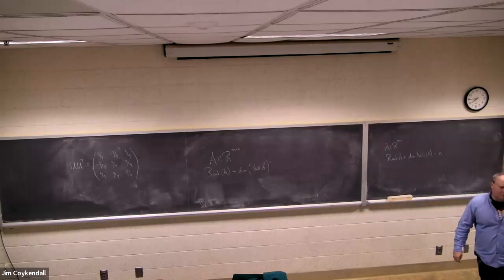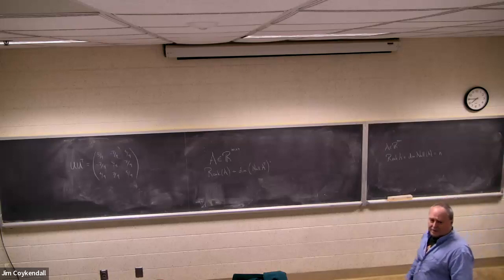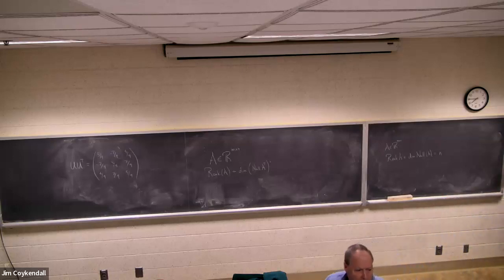Can somebody explain to me basically how it works? Yeah, rank A is the number of linearly independent columns, and the dimension of the null space is the number of linearly dependent columns, that has to add up.